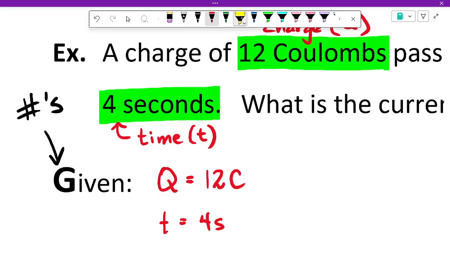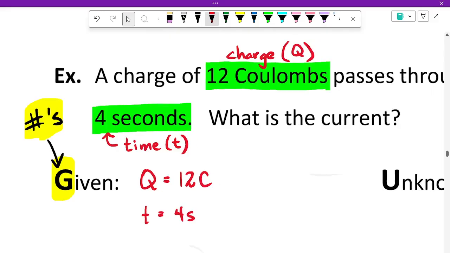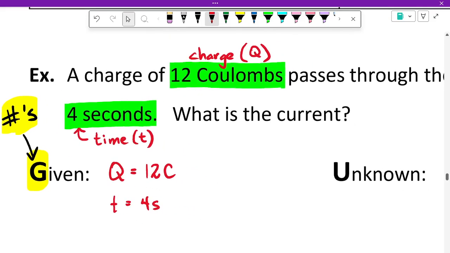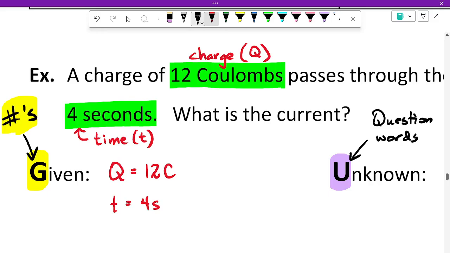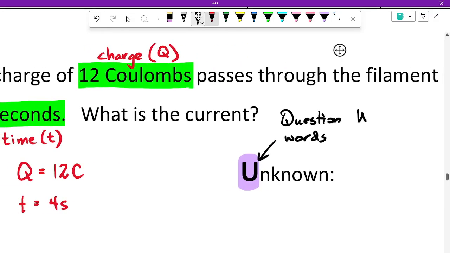So when we're looking at our given, we're looking for numbers. What do we look for when we are looking for our unknown? When we're looking for the unknown, we look for the question words. Can you guys think of some question words? What?